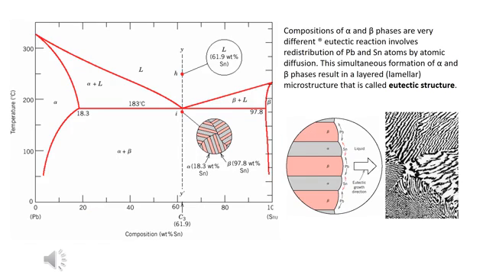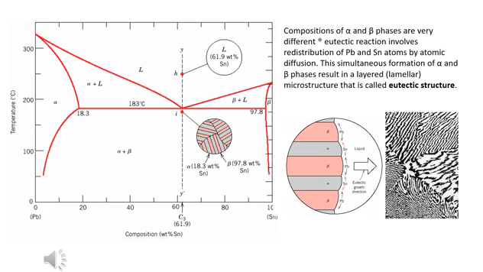And now we look at a case where the composition is now C3 and we're starting at point H. At this point we have the composition of the liquid being 1.9 weight percent tin, and as you cool down you reach the eutectic point, and if you cool further you get your alpha and beta solid.